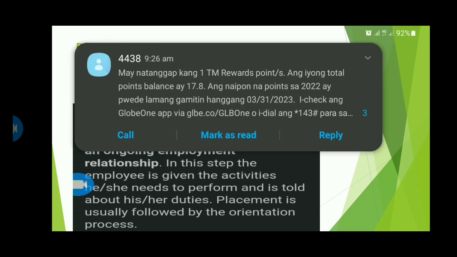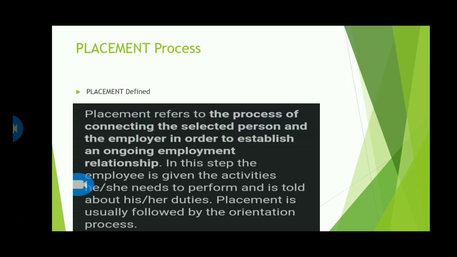An example of placement, in very simple words, is sending a newly employed person. For example, gikan sa recruitment, gikan sa selection, placement na. So ang company mag-send na siya sa newly employed person to some department for work. It also implies assigning specific work and responsibility to an individual.